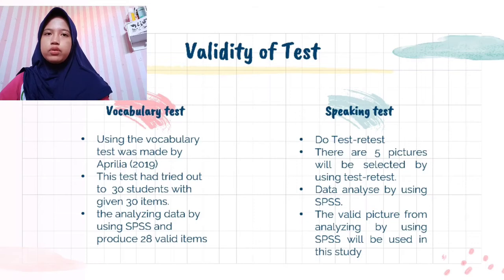The vocabulary test used in the study was made by Nopriliyanti 2019, and its validity has been tested to measure students' vocabulary mastery. The author of the vocabulary test had tried out 30 items given to 36 students.